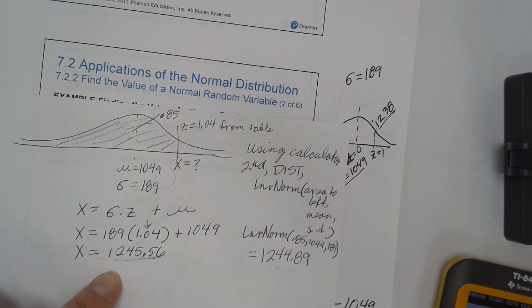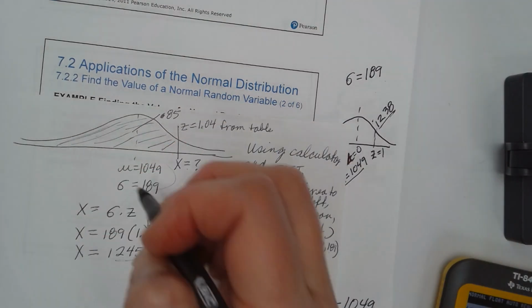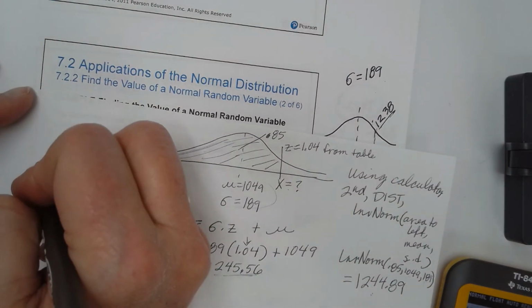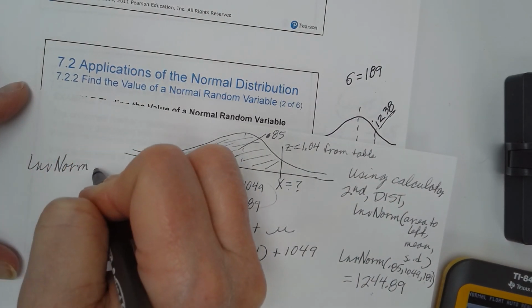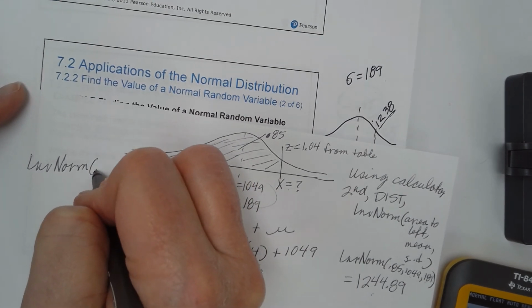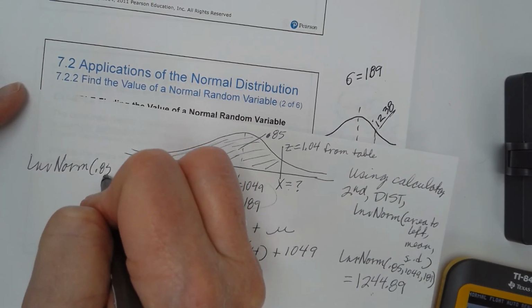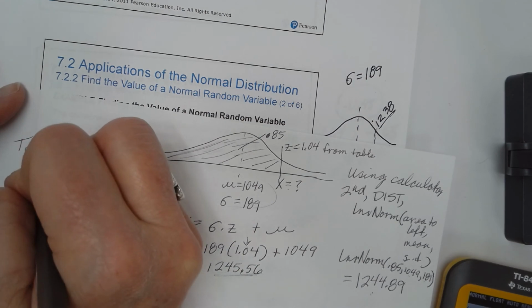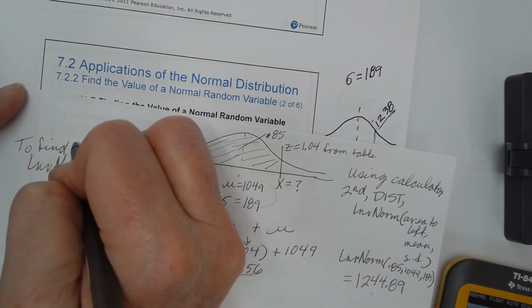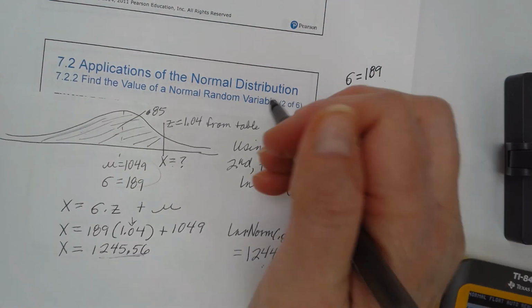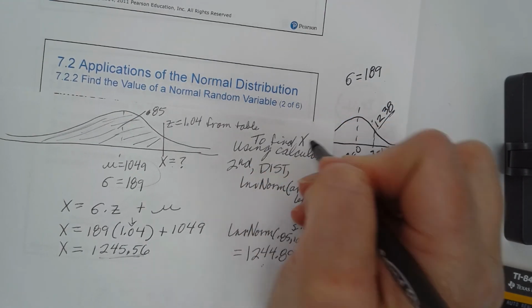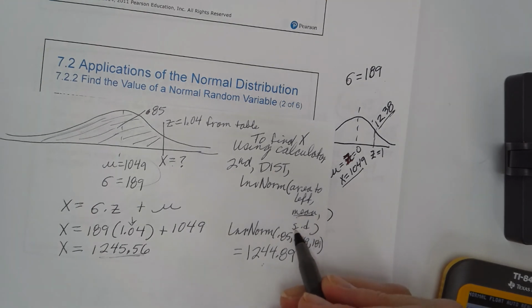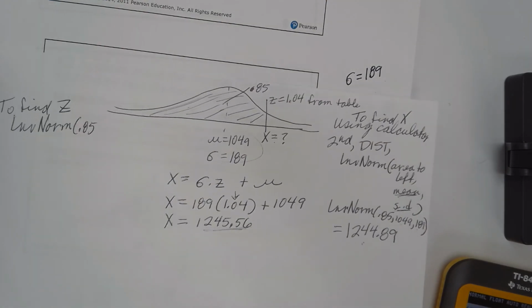and left and paste. So that gives me, so let me go ahead and put it over here, inverse norm, area to the left 0.85. This is to find Z. This is to find X. The difference is what you put in for the mean and the standard deviation, okay?